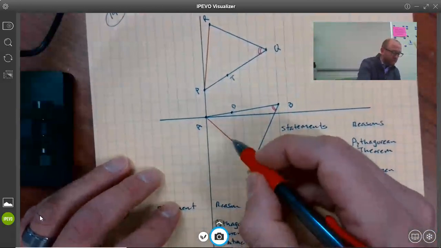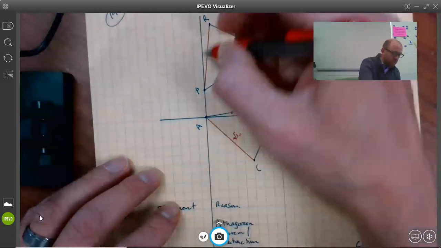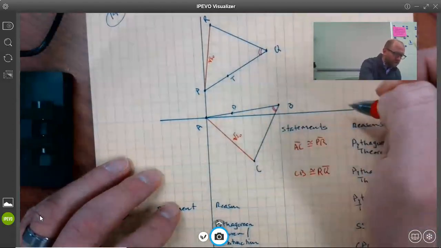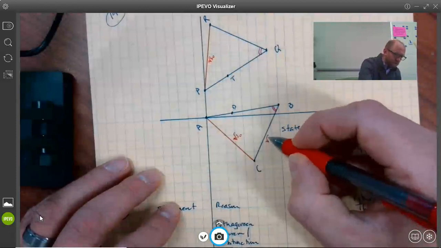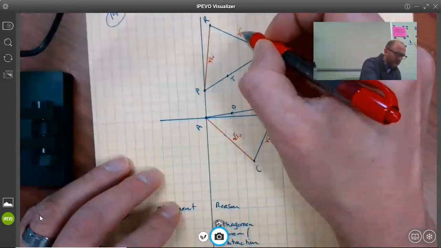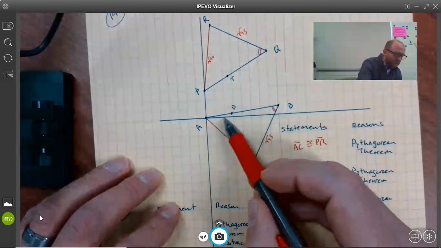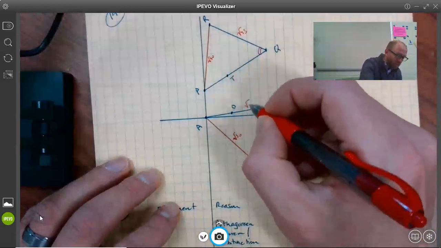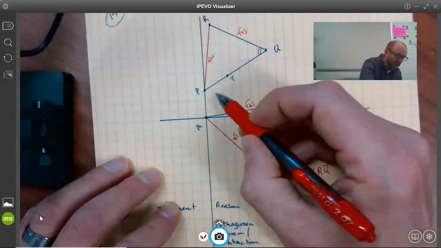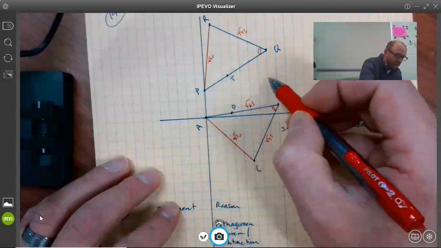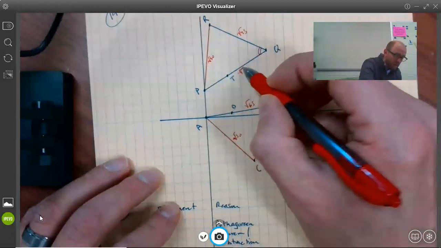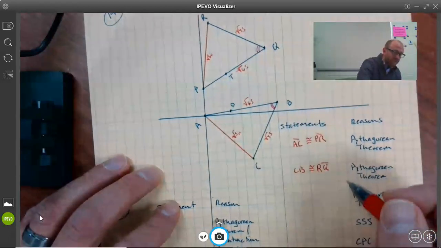I think these are, by the way, square root of 50, square root of 50, square root of 45, square root of 45, and square root of 65, square root of 65.